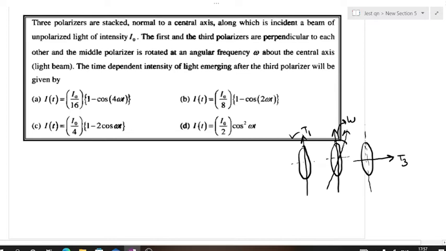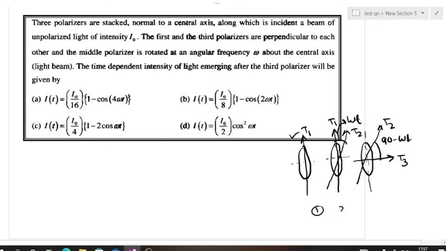Okay, and its transmission axis will be this T3, and the angle in between previous transmission axis. If this is omega, this will be 90 minus omega t. We always take the angle between the present transmission axis with the previous transmission axis. So this is 2 and 3.